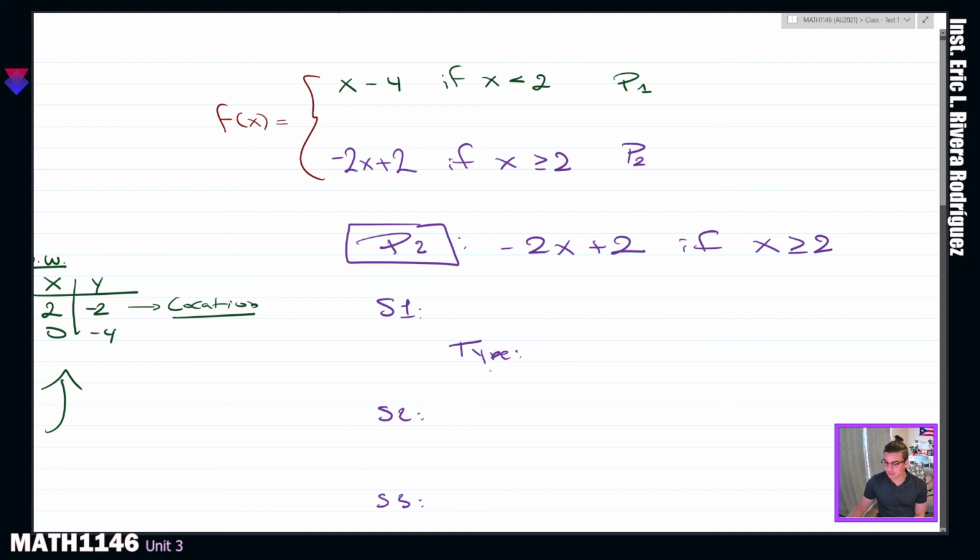So in step number 1, we need to find the type of function. We need to know also the shape of the function, and the number of key points we need. For step number 2, we need to get the interval notation.